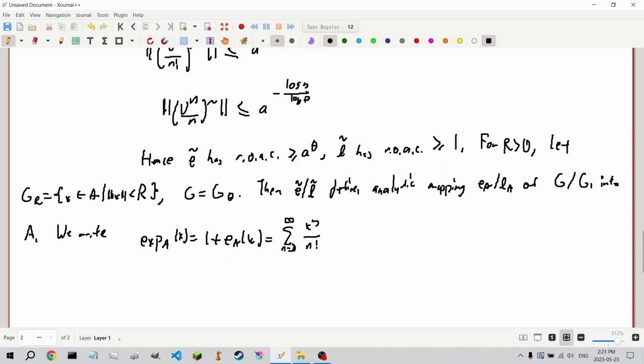And likewise, we have log A of x, which is LA of x minus 1, be the sum from 1 to infinity of negative 1 to the n minus 1 of x to the n over n.